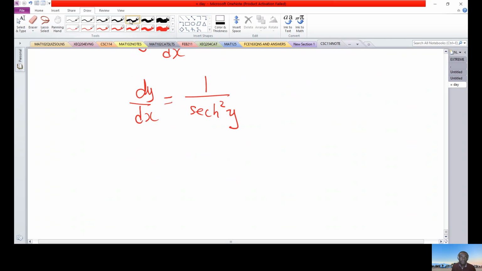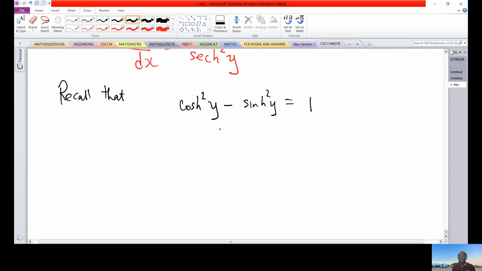So remember that the square of hyperbolic cosine minus the square of hyperbolic sine gives you 1. So from this one, how do you get sec? Sec is obtained by saying 1 over cos.